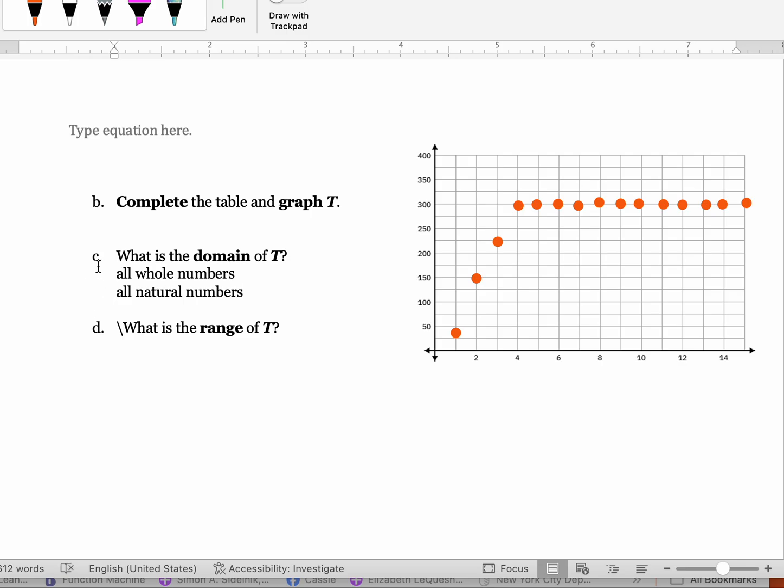You could even say n is all whole numbers greater than 0.